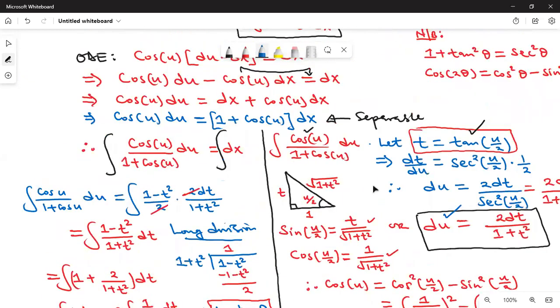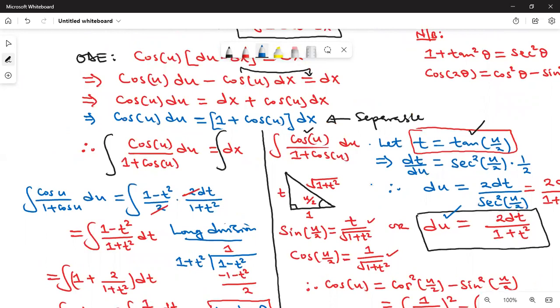So what about the right hand side? The integral of dx is equal to x. And don't forget to write the constant c of integration. So this will give you x plus c.